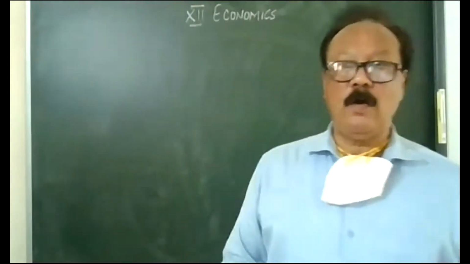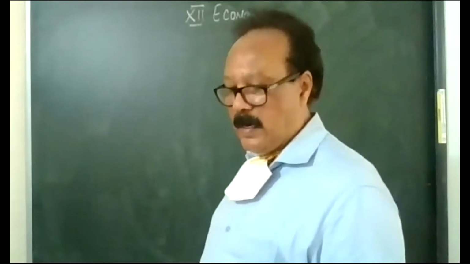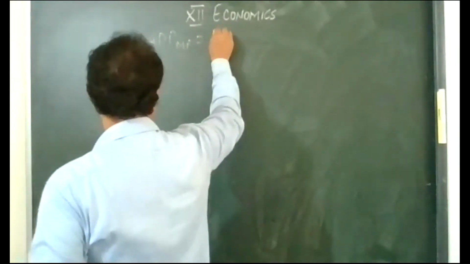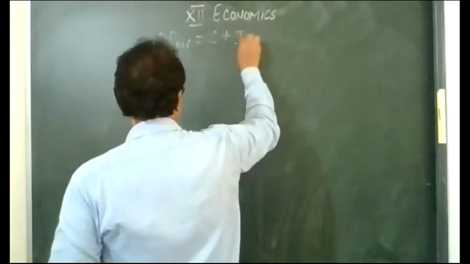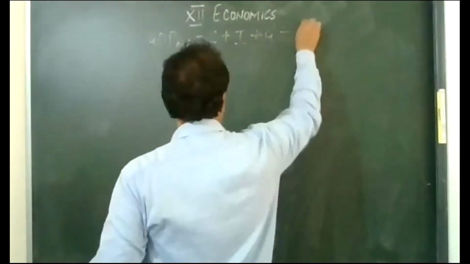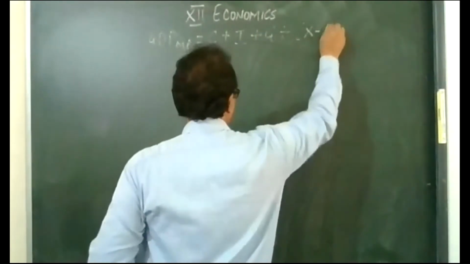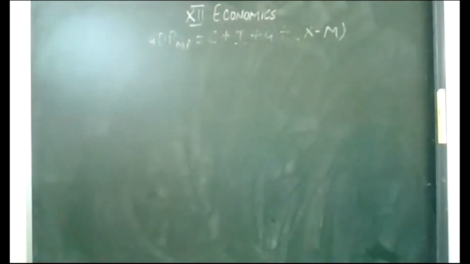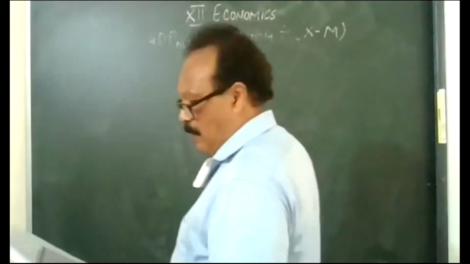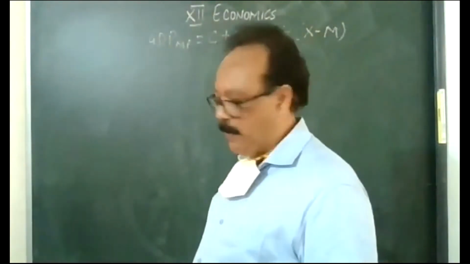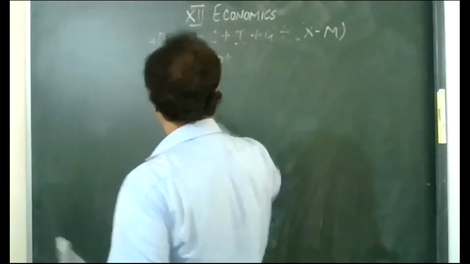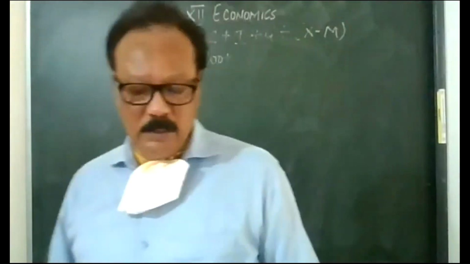Today we will solve it on the board. We have to calculate national income. Like I said, the first step is GDP at market price equal to C plus I plus G plus X minus M. Next, C, private final consumption expenditure, is given as 800, plus inventory investment.